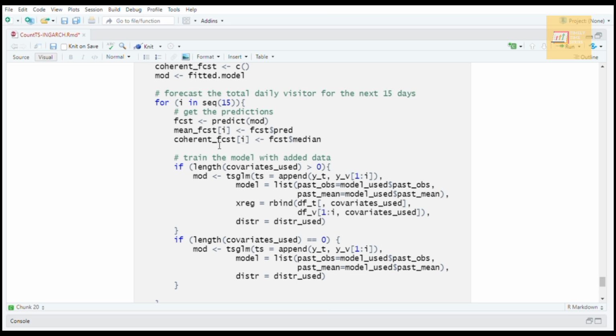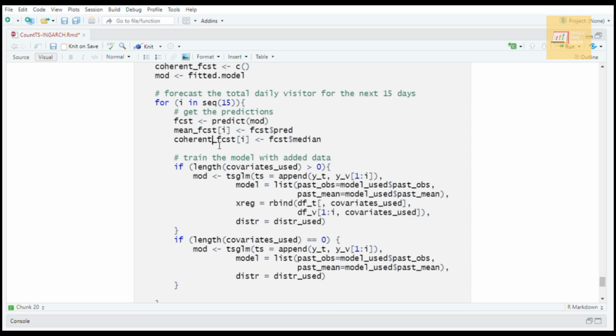The mean of a distribution from a count time series might not be an integer, but the median and the mode must be an integer. Since we're talking about count time series, we're talking about non-negative integers, so it wouldn't make sense to forecast the next day's daily visitors to be 250.9, right?